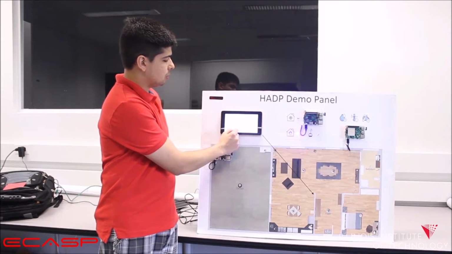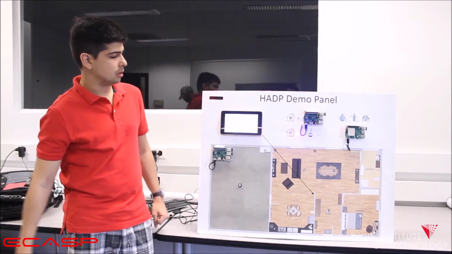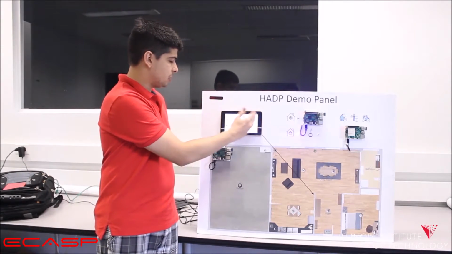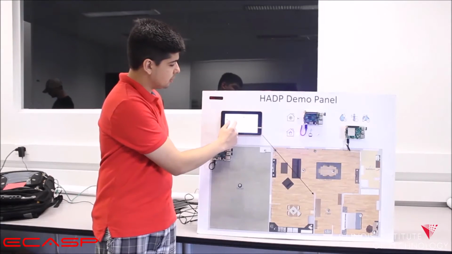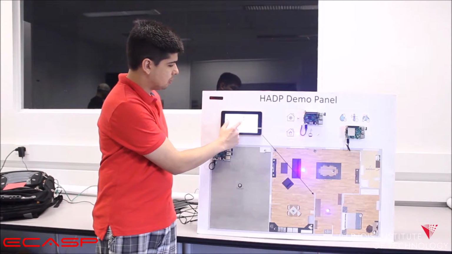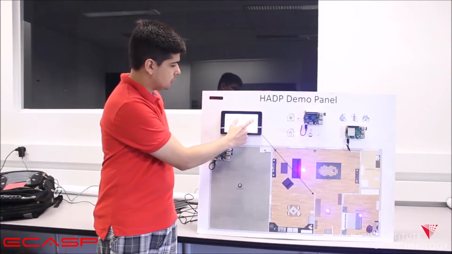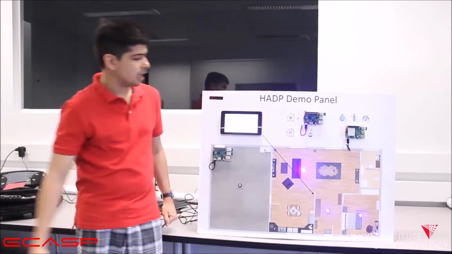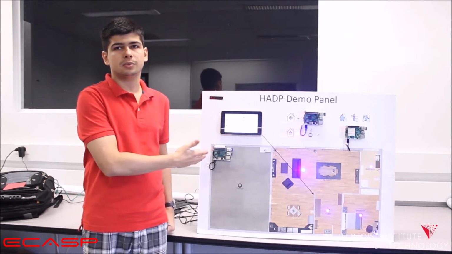We can also control lights and other devices in your home with this panel. This one just controls lights, so I can turn on and off any lights in the home. I can also control any other type of device as long as it's connected to the network.